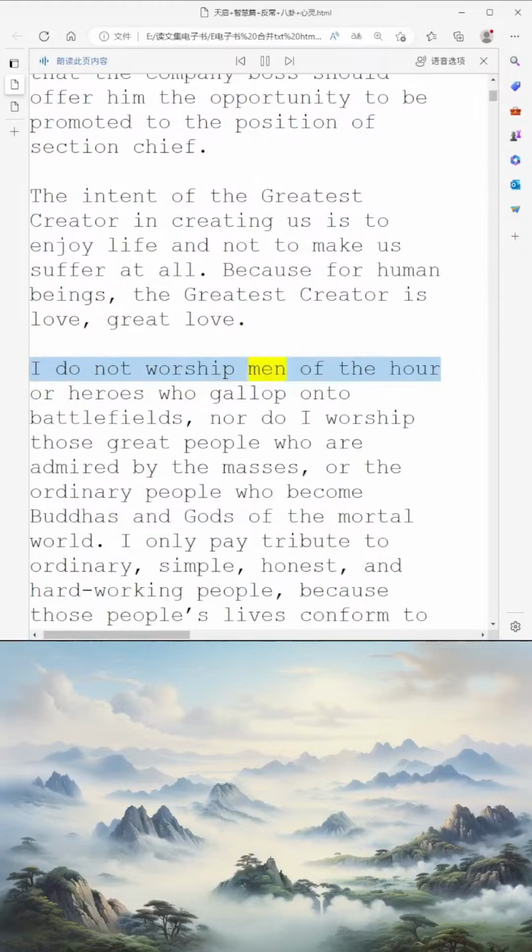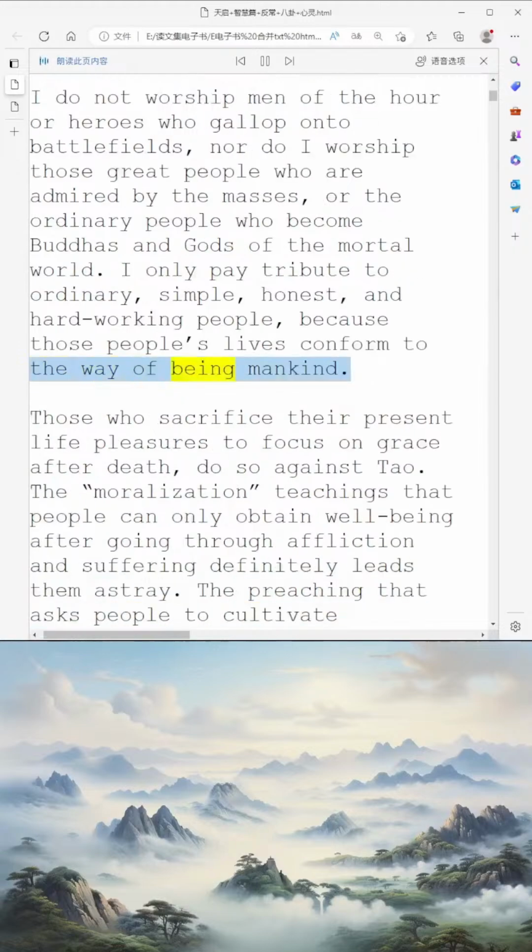I do not worship men of the hour or heroes who gallop onto battlefields, nor do I worship those great people who are admired by the masses, or the ordinary people who become Buddhas and gods of the mortal world. I only pay tribute to ordinary, simple, honest, and hardworking people, because those people's lives conform to the way of being mankind.